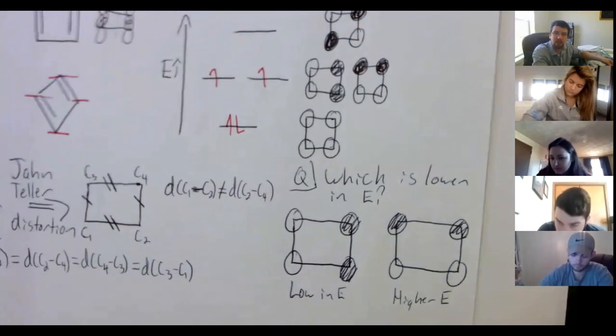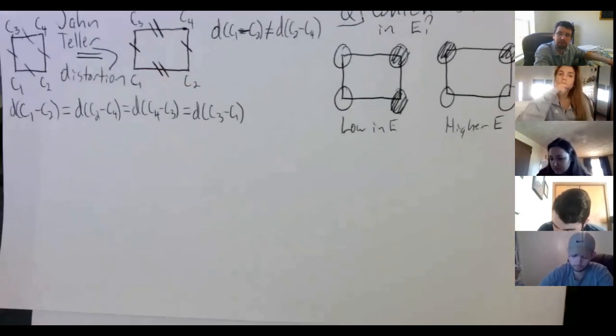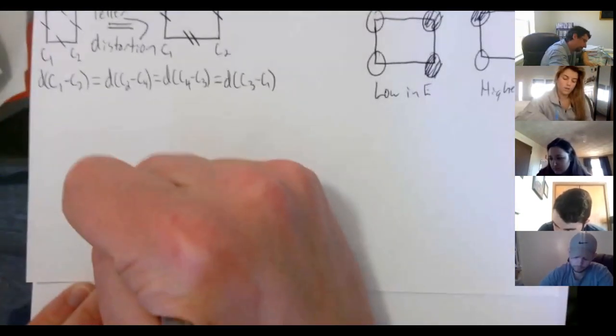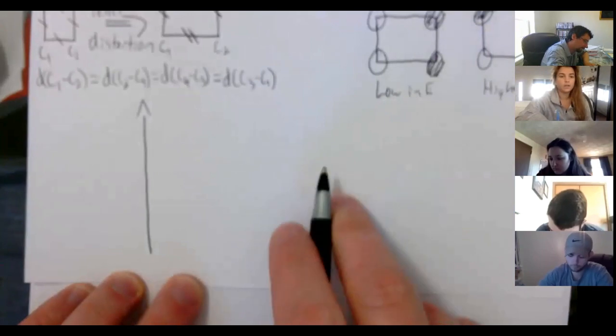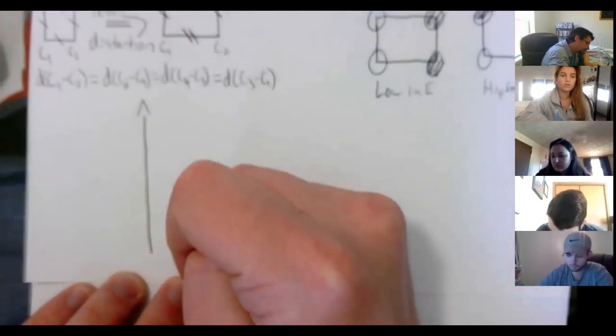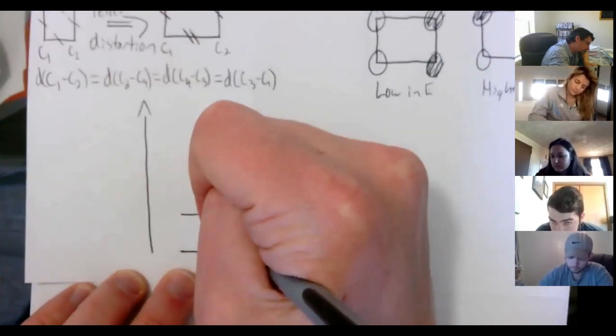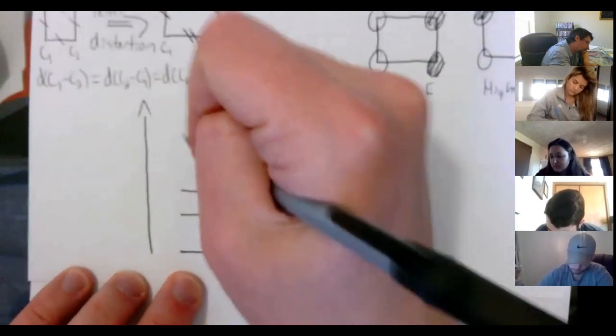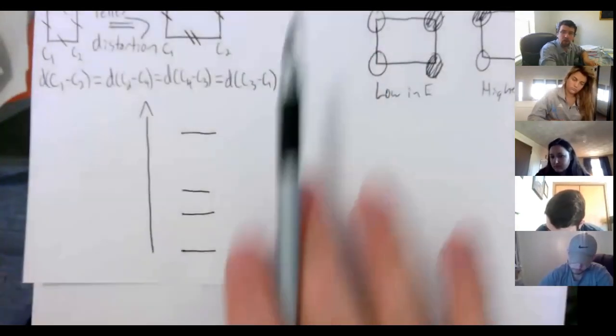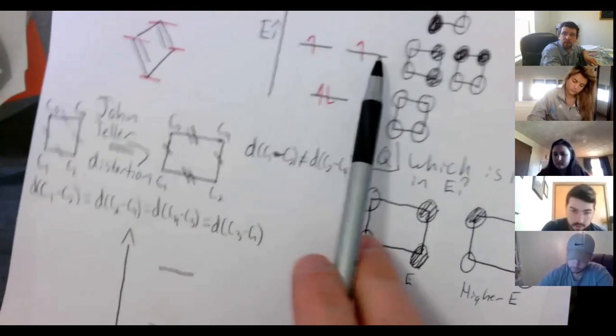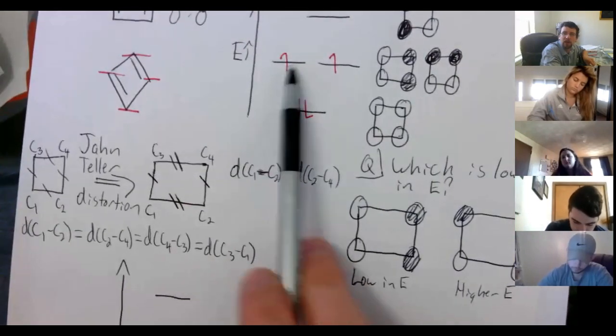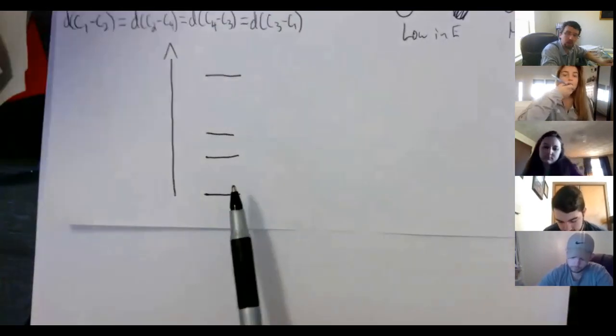So now, how is that going to change our MO diagram? It would have the one thing be higher than the other. Right. So it's going to distort. This one is going to get lower in energy, and this one's going to get a bit higher in energy, and they distort this way.